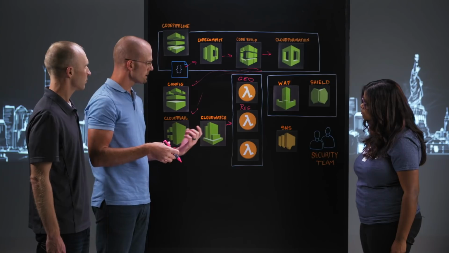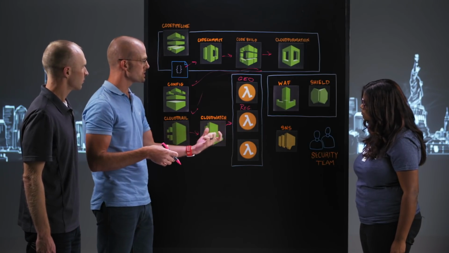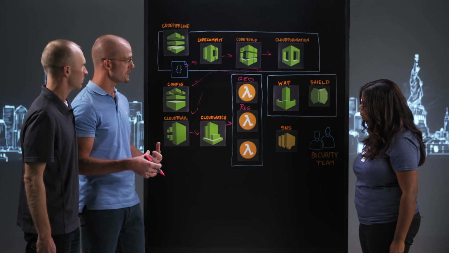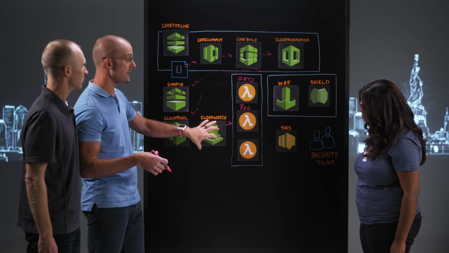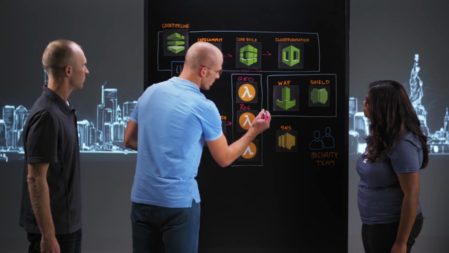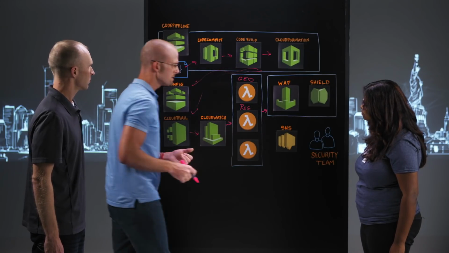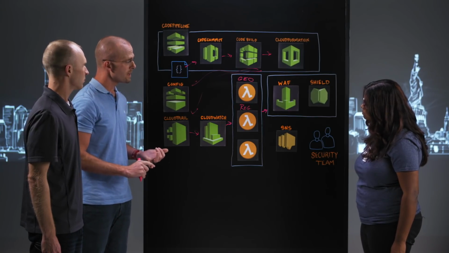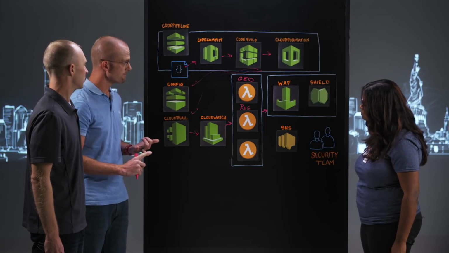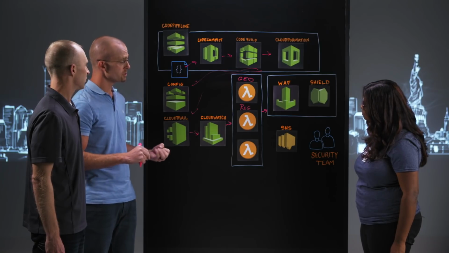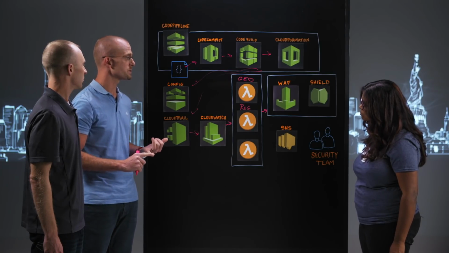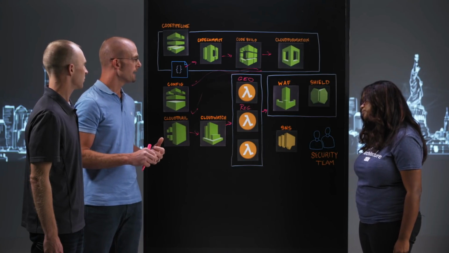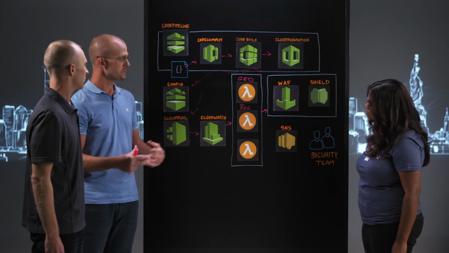It will trigger the registration function, and the registration function will do an assume role on the account that the event came from, and it will check to see, is this a new resource or was the resource updated? And based on that, it'll check to see, is this resource already protected by the WAF? In this case, it would be the regional WAF. And if it's not, it makes sure to add it.